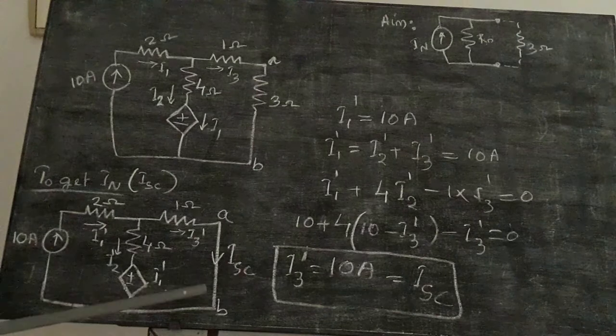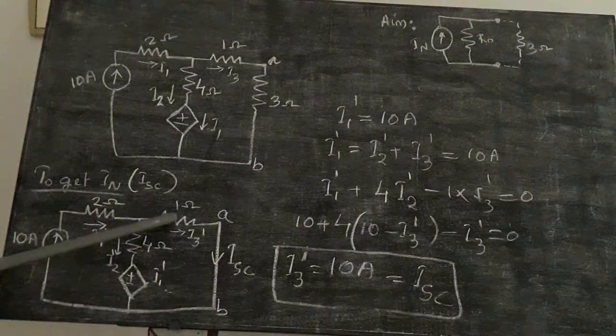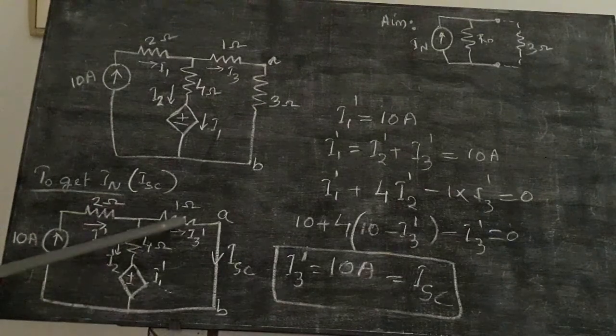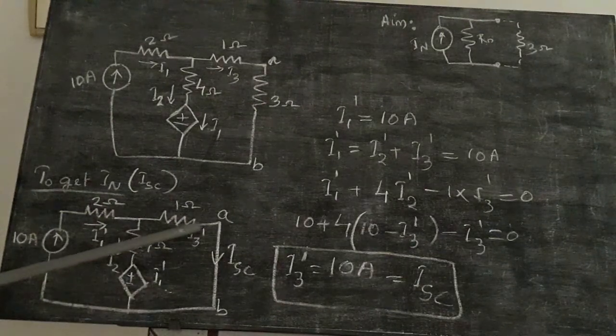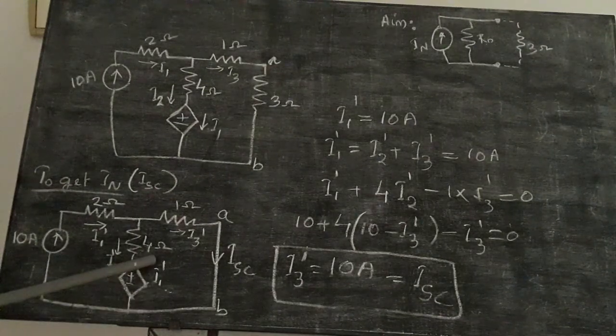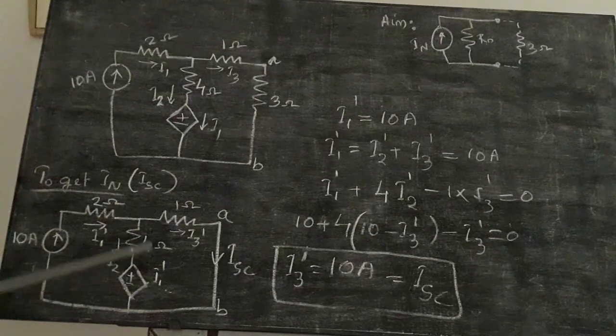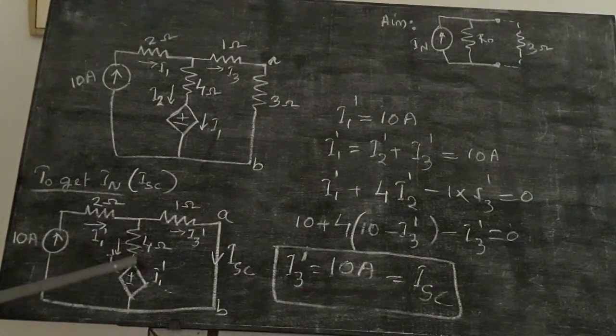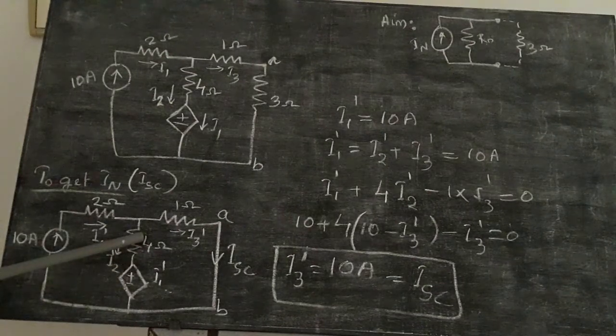For that, we are writing the KVL equation for the second loop. I am tracing the loop in the clockwise direction. See, the direction from here to here. This is a voltage source, minus to plus. So, when I travel from here to here, the voltage is I1 dash. Then from there, we are moving towards the 4 ohm resistor.